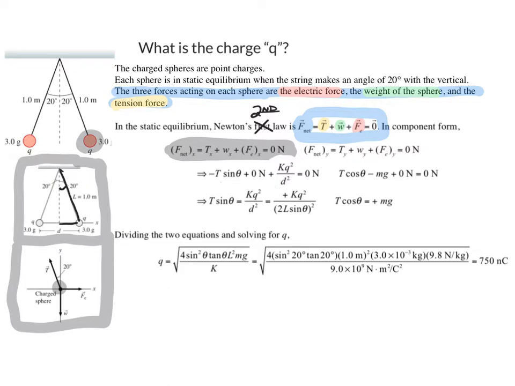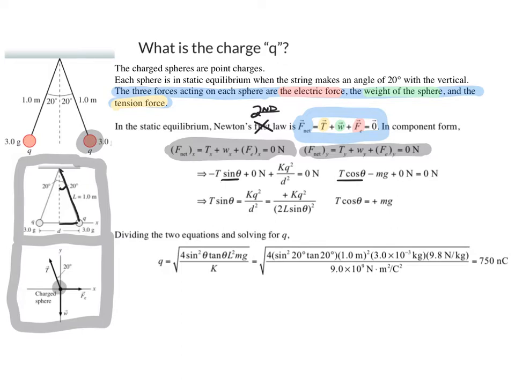Let's clean that up a little bit. Now the y component summing over here. In the y direction, tension is going to be a cosine. Since it was sine for x, it's got to be cosine for the y.